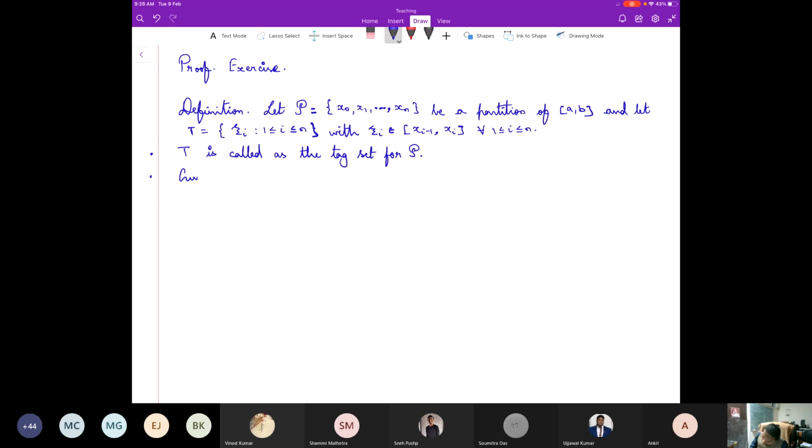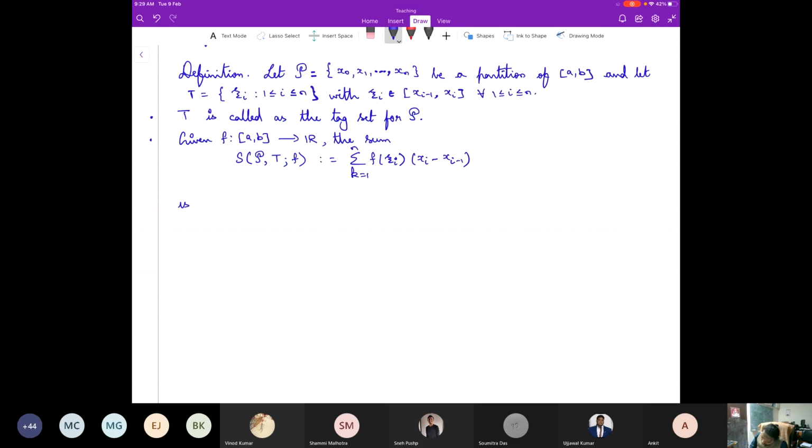And then given f from [a, b] to R, the sum corresponding to the partition, tag set, and then the function is defined as summation i running from 1 to n of f at psi_i times (x_i minus x_{i-1}).